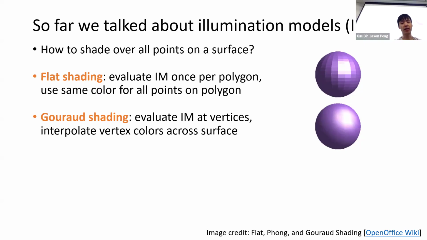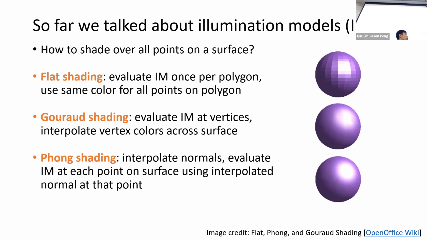And this is an artifact that's produced by barycentric interpolation. Because we only calculate the lighting values at the vertices and we interpolate those values to the interior points inside the triangle, these interpolated values can end up leading to some discontinuous effects between adjacent triangles. Okay. So Gouraud shading is a little bit better, but it can still lead to some visual artifacts.